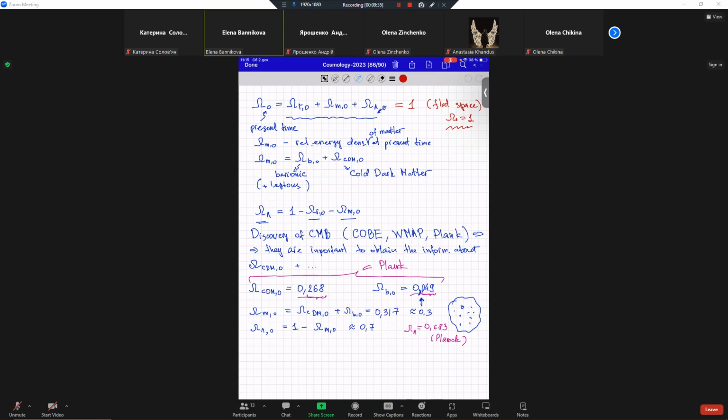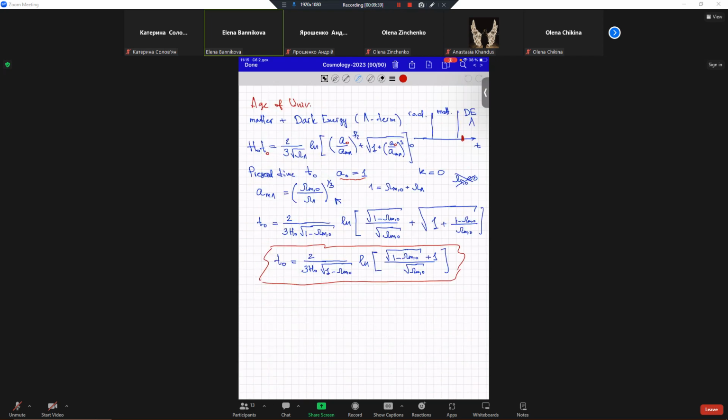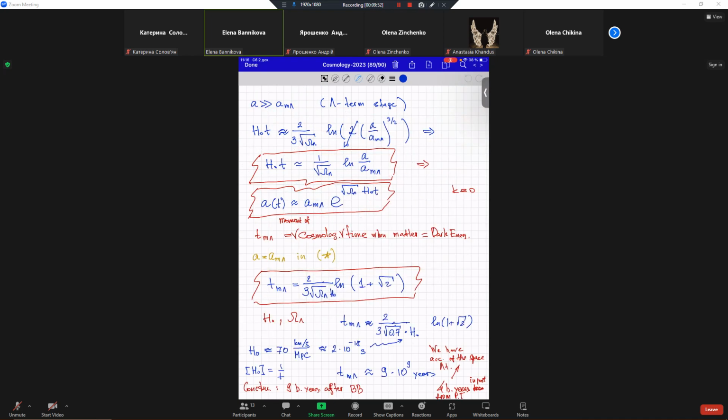So in principle, if we put our parameters here, we can consider omega m0. Here we used, for example, which one is better to use; all the time we can think about what's better to use.